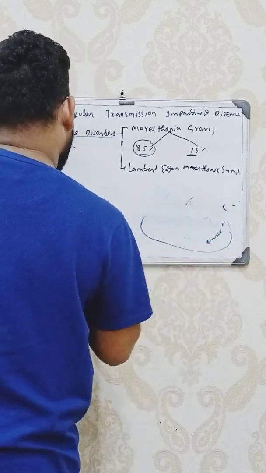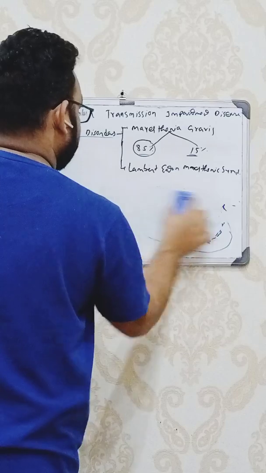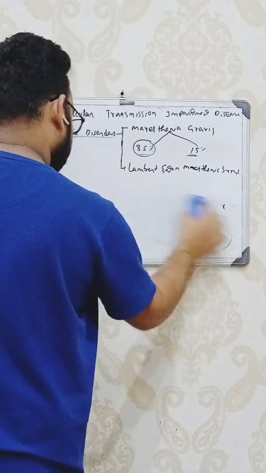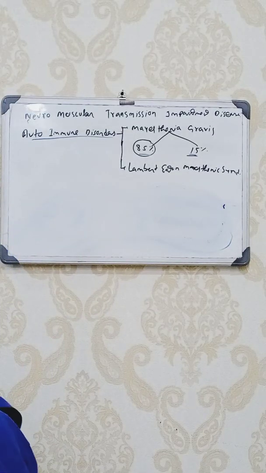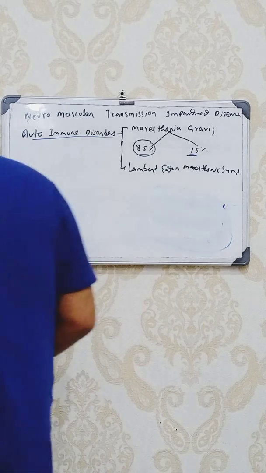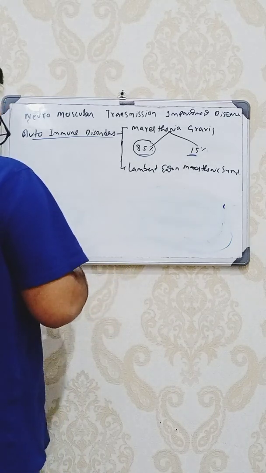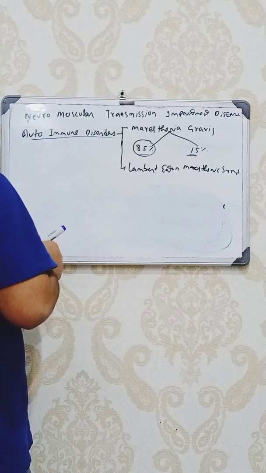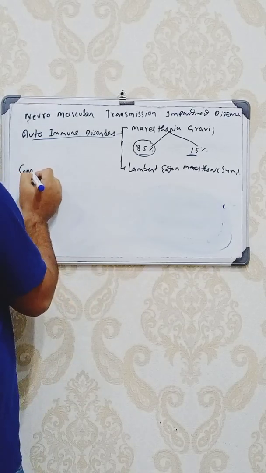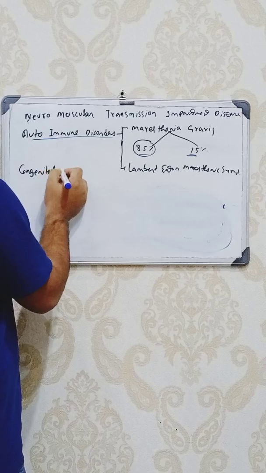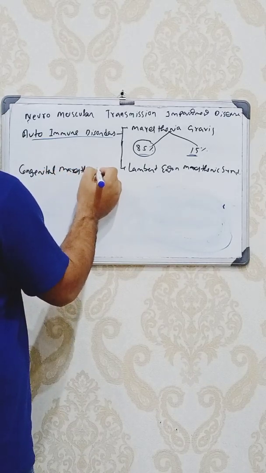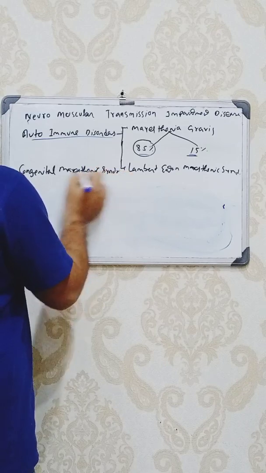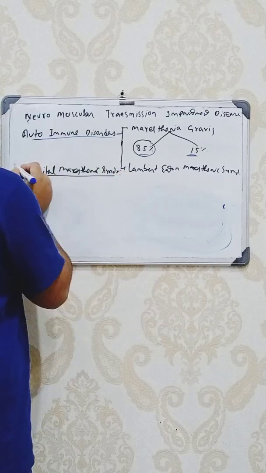Then the next part, we'll see some congenital myasthenia gravis. So we can write the congenital myasthenic syndrome. In this congenital myasthenic syndrome, we'll see the patients.